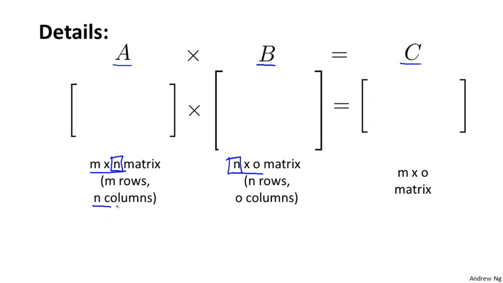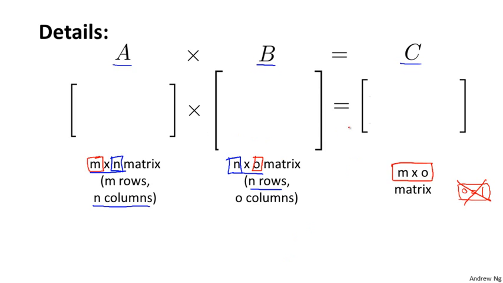So the number of columns in the first matrix must equal the number of rows in the second matrix. The result of this product will be an m by o matrix, like the matrix C here. In the previous video, everything we did corresponded to the special case of o being equal to 1, the case of B being a vector. But now we're going to deal with values of o larger than 1.